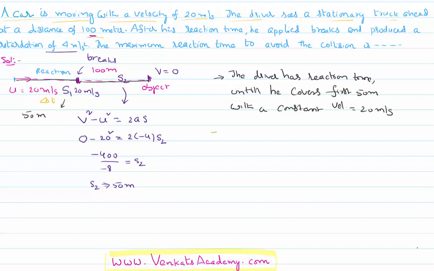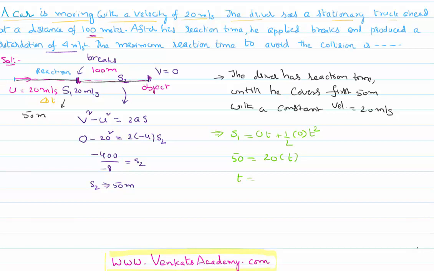So I can write s1 as u into t, that's the reaction time. There is no acceleration or retardation in that part because he is moving with a uniform velocity. This s1 is 50 meters. He is moving with a velocity of 20 meters per second and a time t.